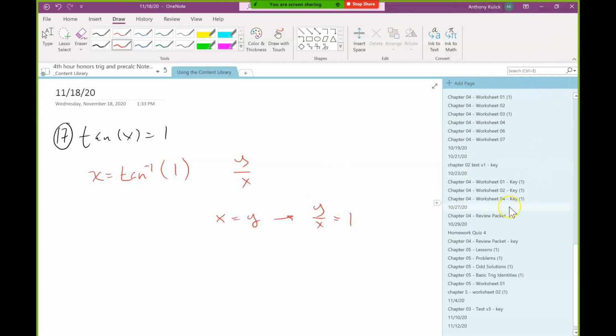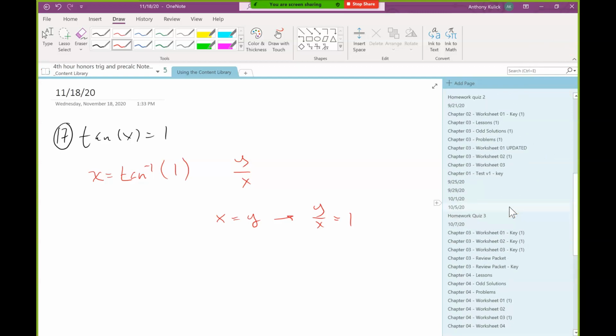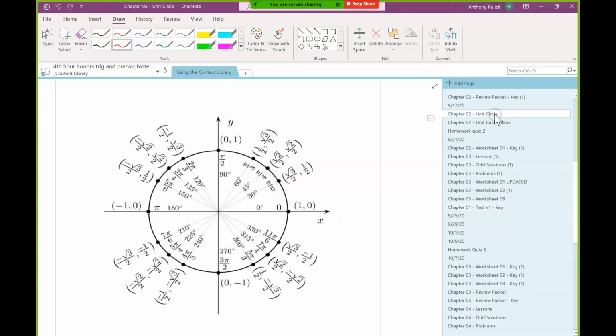So if I go to my unit circle, I might as well just copy and paste this in because we'll probably be going back and forth to it a little bit.